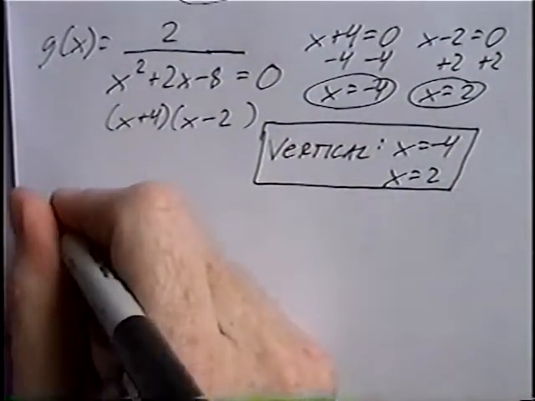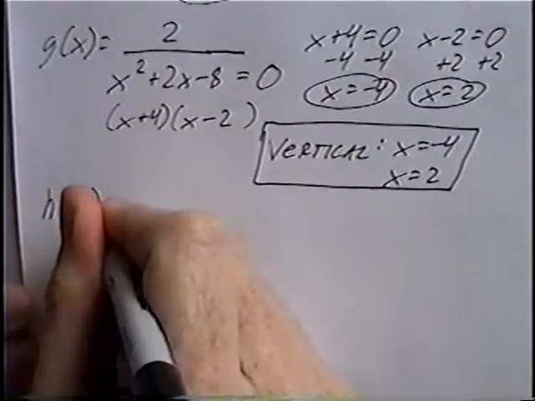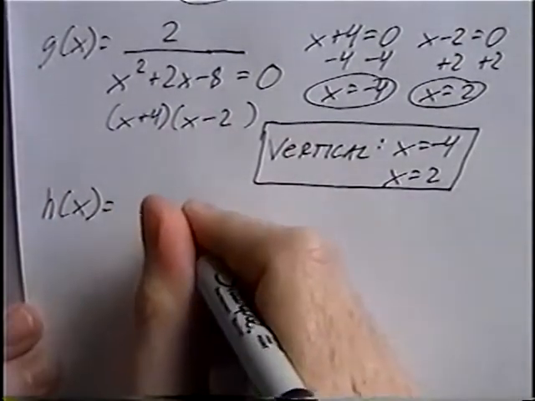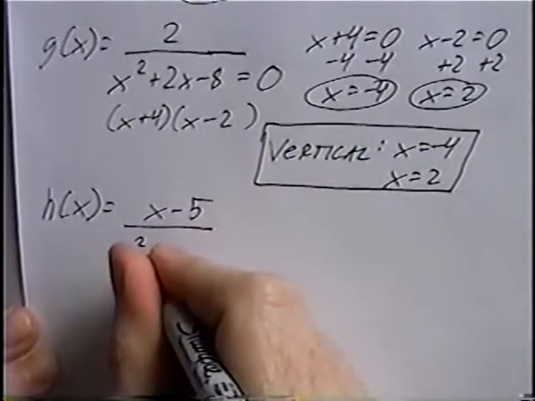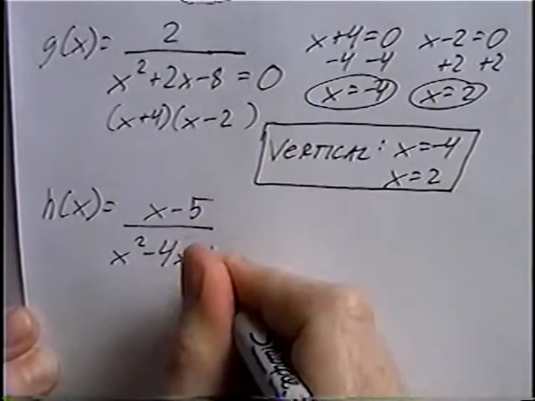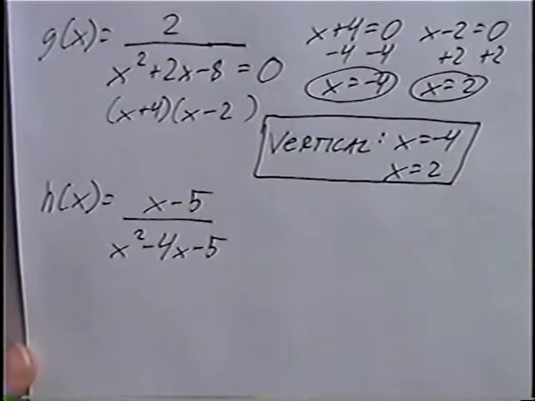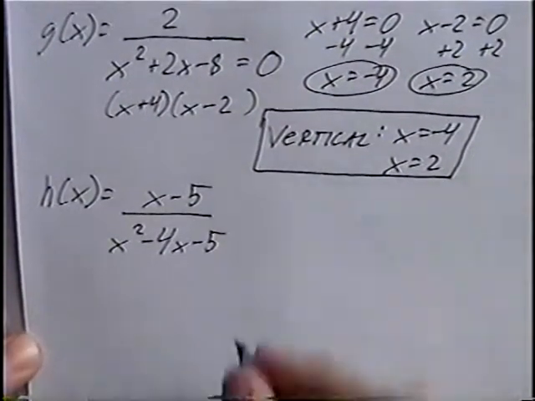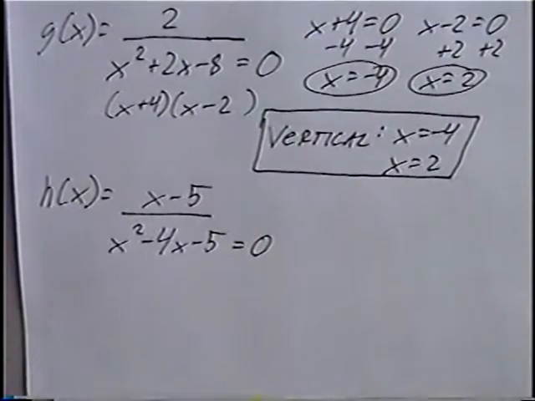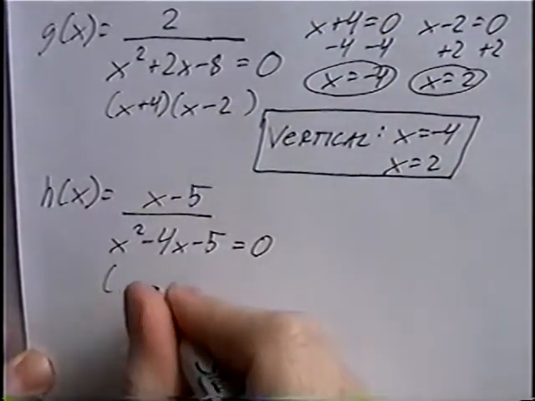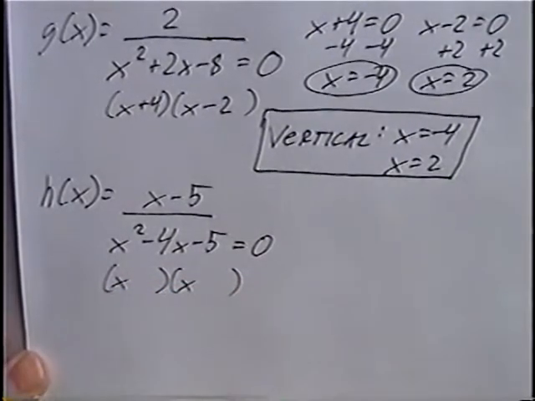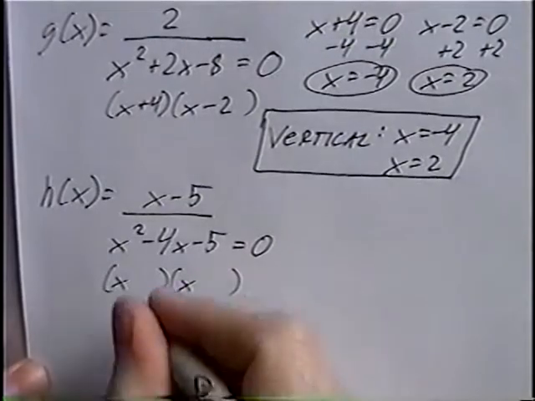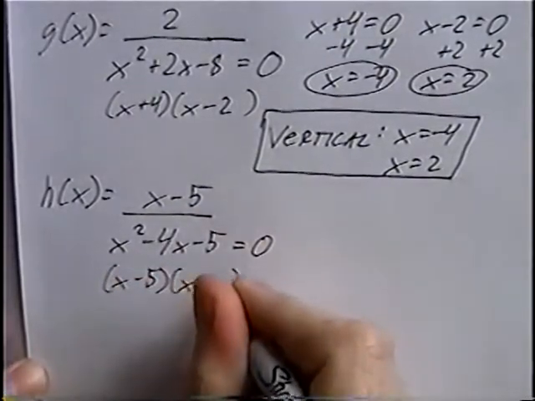And last question for this section, h of x equals x minus 5 in the numerator and x squared minus 4x minus 5 in the denominator. Again, the first step, set the denominator equal to 0. In this case, again, we can factor the denominator. This would factor to x minus 5 and x plus 1.